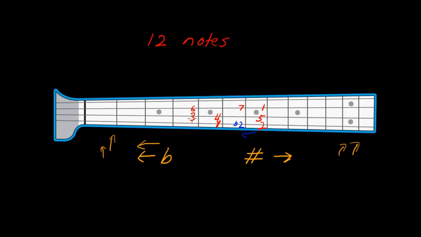If 3 is here, what would be a flat 3? Well, if you look at this diagram, it goes this way. Here's a note right there. That would be a flat 3. How about a flat 4? Well, a flat 4 would be this way, but that's already a 3. So you wouldn't need a flat 4 because a flat 4 is 3.